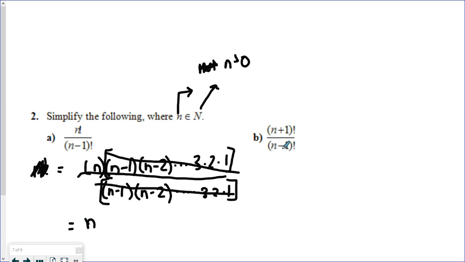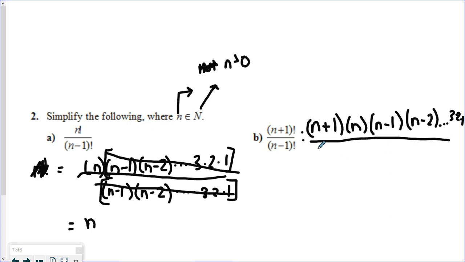So n plus 1 factorial divided by n minus 1 factorial. So n plus 1 factorial is n plus 1 multiplied by 1 less than that. So n plus 1 subtract 1, it's just going to be n. 1 less than that is going to be n minus 1. 1 less than that is going to be n minus 2, 3, 2, 1.